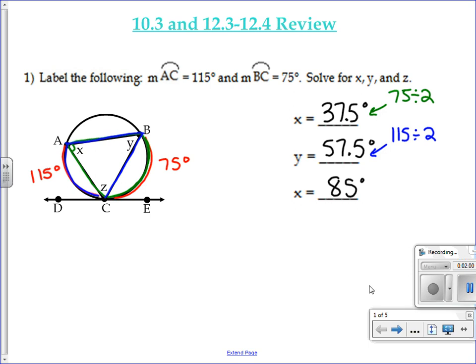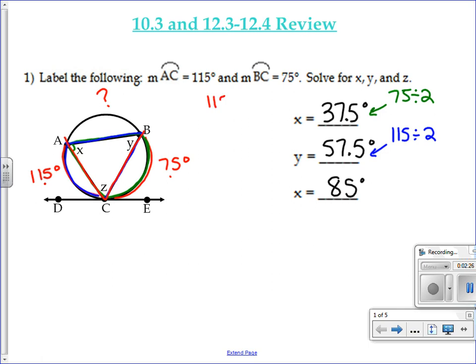And then there's a few different ways you can find angle Z. One thing you can do is look at angle Z, so I'll highlight this in red. It is an inscribed angle, so you can find its intercepted arc AB, and then take half of it. Since we're given the two other arcs of the circle, we know a whole circle is 360.